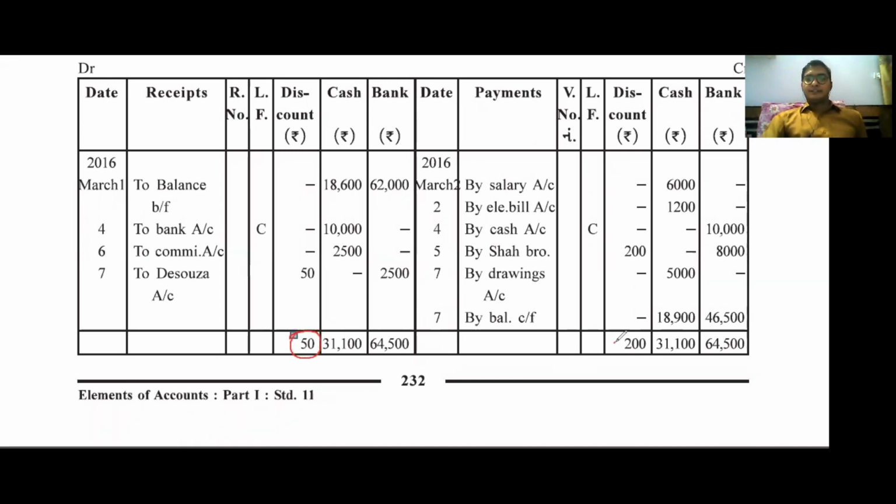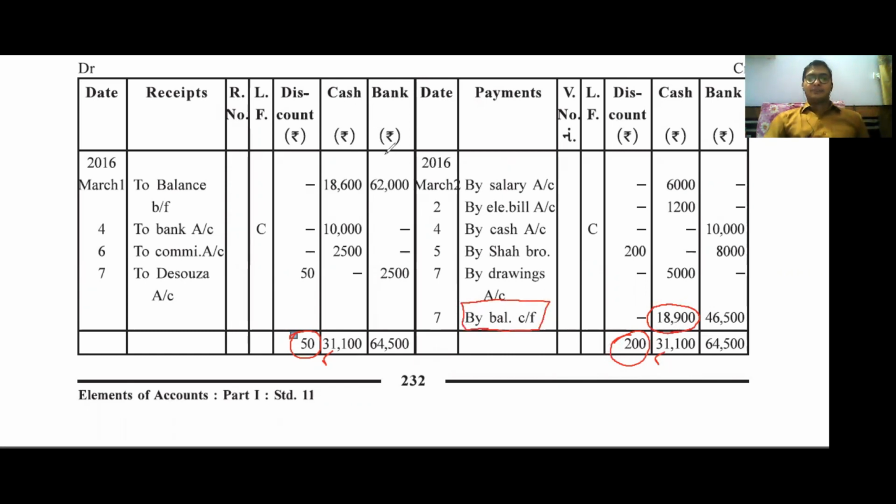On the credit side the discount amount is 200, and there is no brought down or carried down balance for discount. Then the total of cash is 31,100. This balance we wrote on the credit side, and the difference amount 18,900 by balance carried down for 18,900.